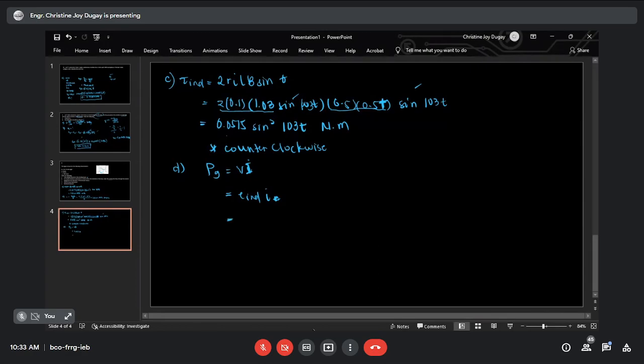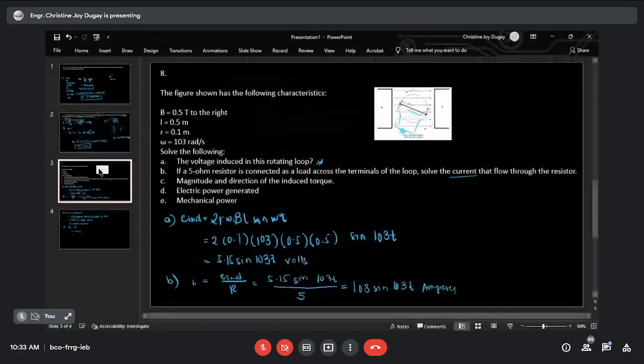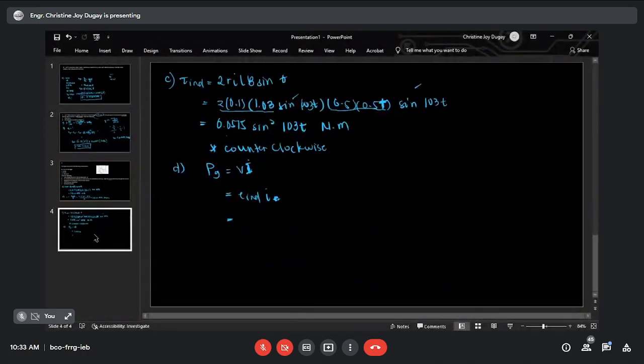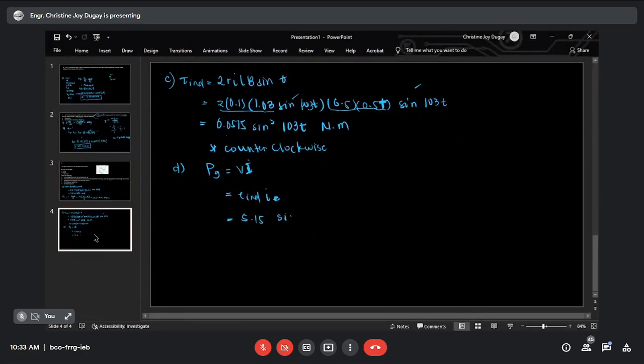So, ang E natin kanina, that is 5.15 sine of 103t.